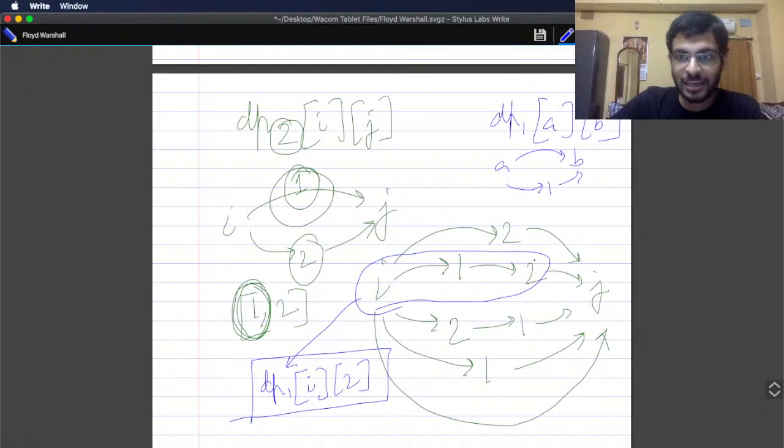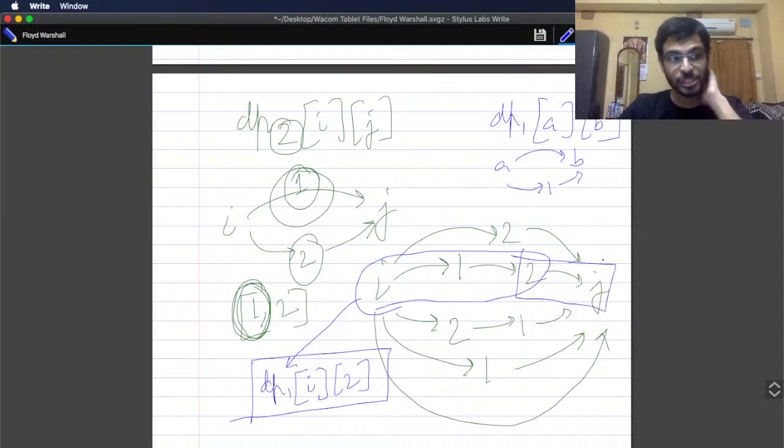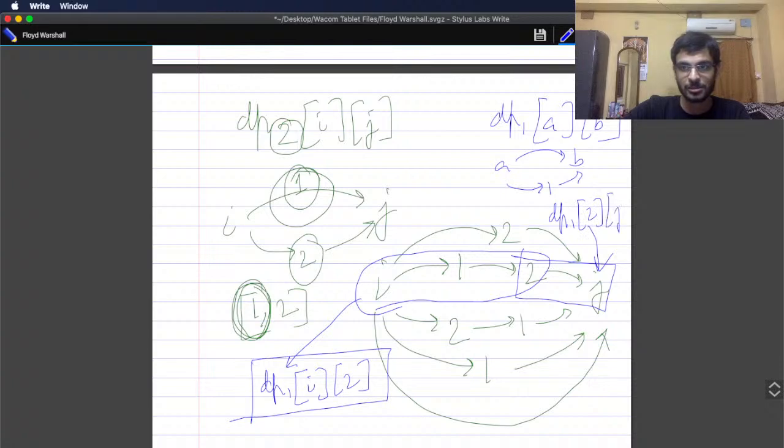And then we can say this was also stored in dp1 of 2 to j, because they are not using any intermediary nodes other than 1. So this was stored in dp1 of i to 2 and this was stored in dp1 of 2 to j. Makes sense? This came from dp0 of 2 to j.